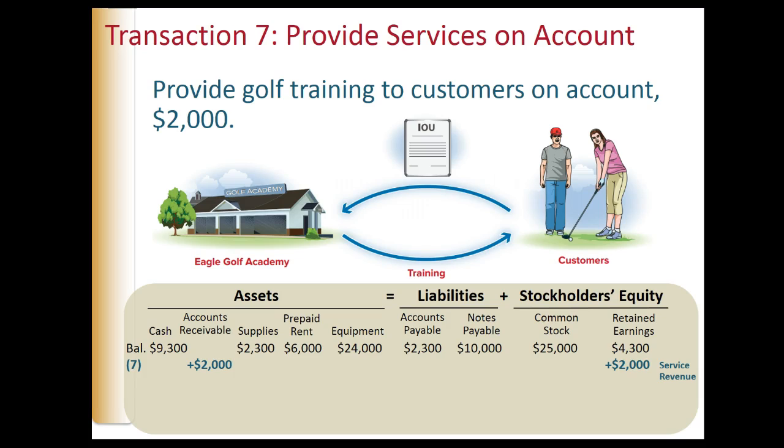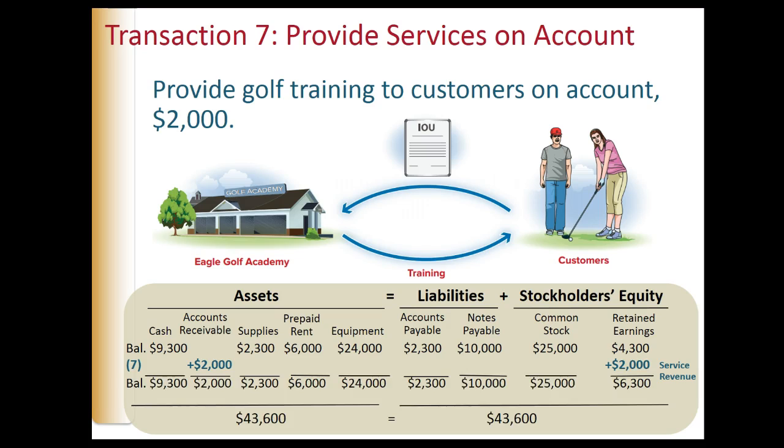Providing services to the customers on account causes both an asset to increase by $2,000 and it also causes our stockholders' equity section, the retained earnings, to increase by $2,000. So as you see here, our assets still equal our liabilities plus our stockholders' equity section.